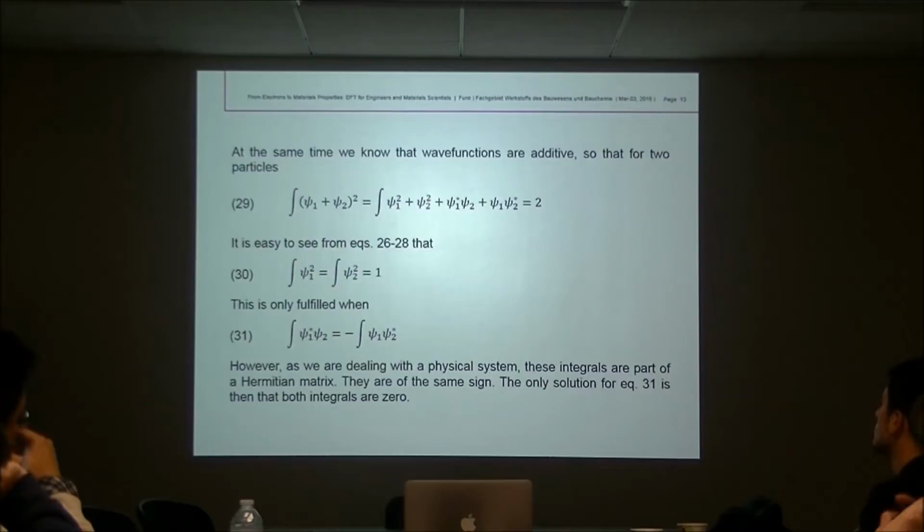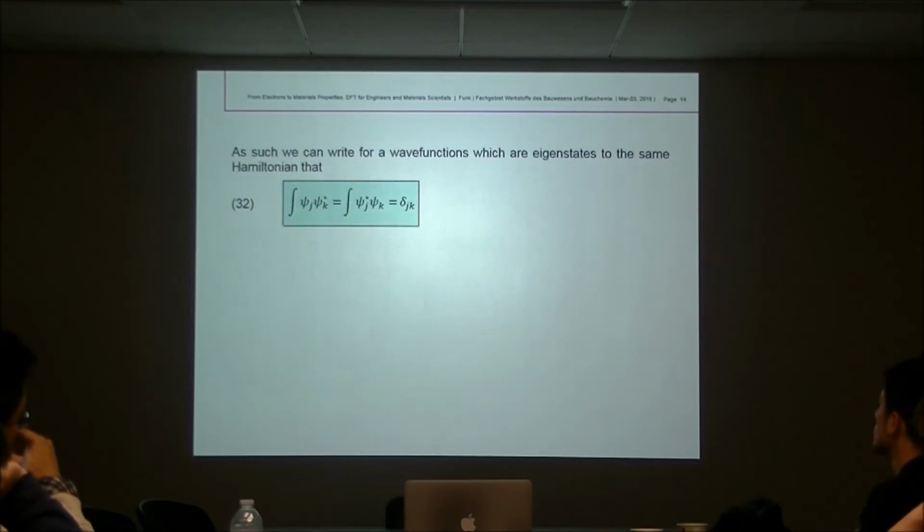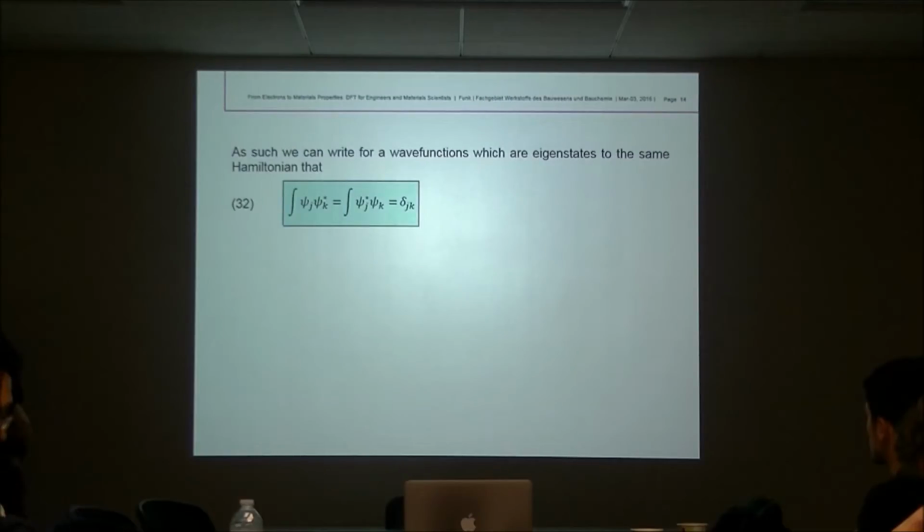That's the only way to fulfill it. And this means that whenever we have two wave functions, either they are the same wave function, and then their integral is 1, or they are different, and their integral is 0. This is the Kronecker delta.